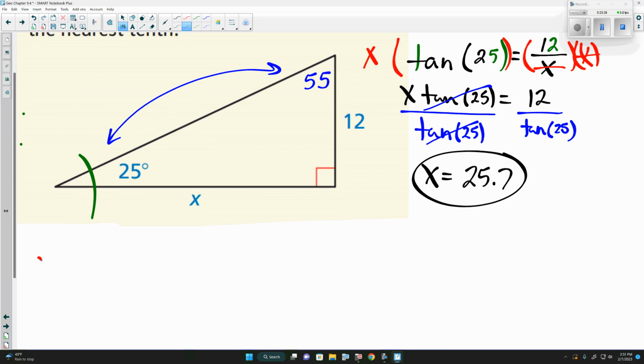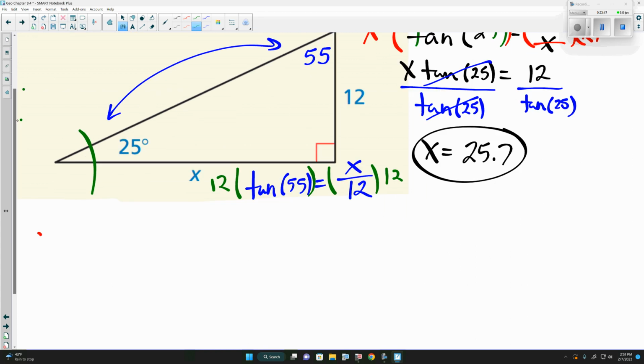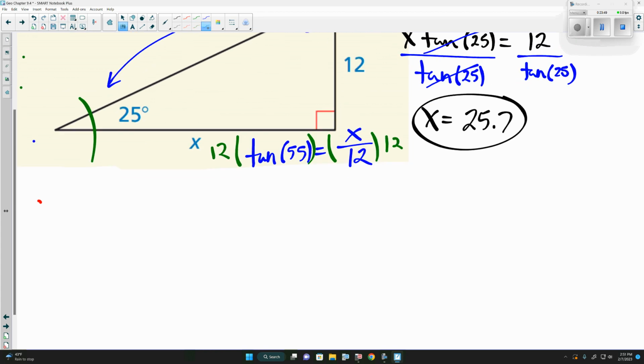So I could have said tangent of 55 degrees is equal to the opposite side length over the adjacent, yes? Multiply both sides by 12, telling me that x is equal to 12 times tangent of 55.